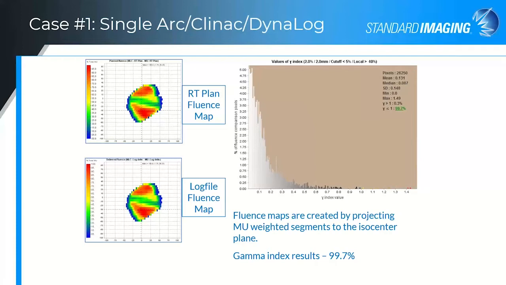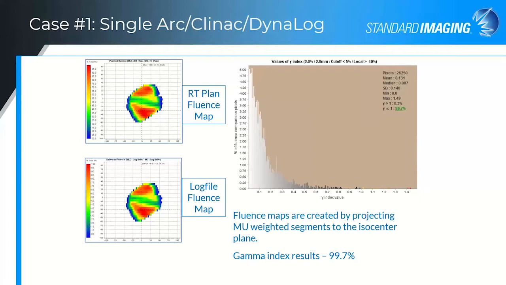So now I'm going to transition into some sample fluence comparisons from the RT plan. This is a map of the fluence from the RT plan and from the fluence from the log file. These fluence maps are created by projecting the MU-weighted segments to the isocenter plane.